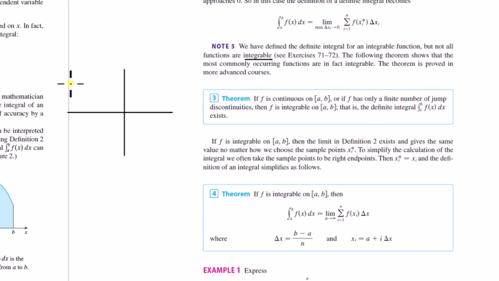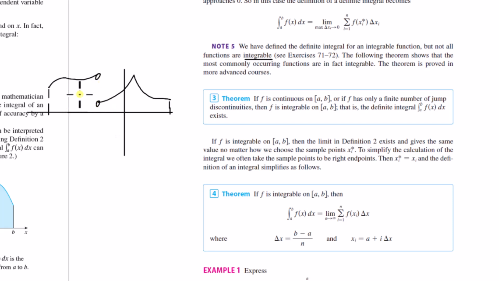And this makes sense because, if you have a jump discontinuity here, and I'll make it non-differentiable there, and we want to integrate from here to here, they're saying this is integrable.